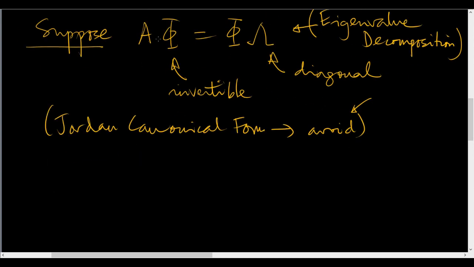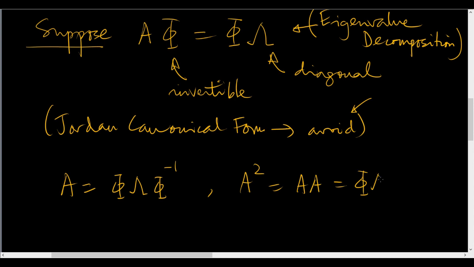Okay, so what this means is A is equal to phi lambda phi inverse, which means A squared, which is A times A, is equal to phi lambda phi inverse phi lambda phi inverse, which is just phi lambda squared phi inverse.